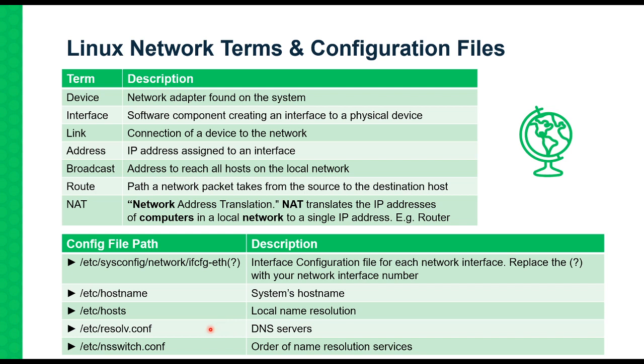We use this commonly with the internet to be able to go to google.com. That needs to resolve into an IP address, and we use a DNS server to resolve that address for Google at this time. The config file resides at /etc/resolv.conf.